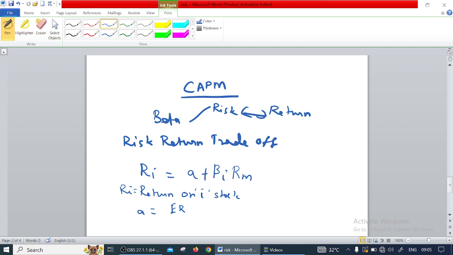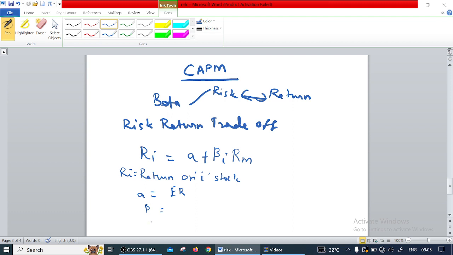And beta i measures the stock's sensitivity to the market index. Rm is the return on the market index.